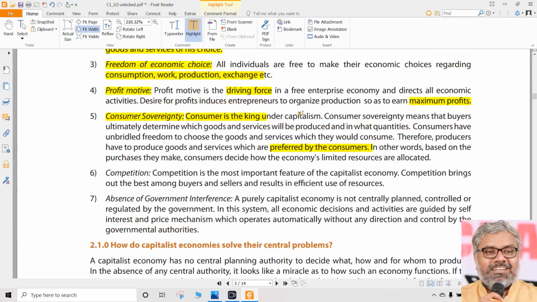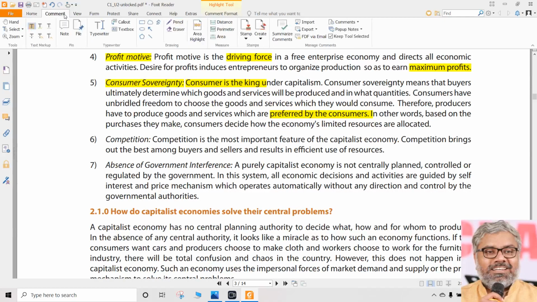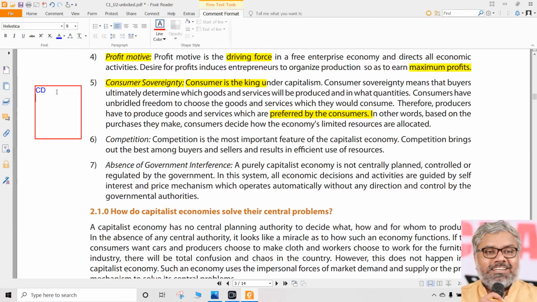Just for understanding purposes, let us say there is a particular organization which was earlier manufacturing DVDs or CDs. These were some type of organizations which were manufacturing DVDs or CDs. So these organizations, when they have manufactured a DVD or a CD earlier, now consumers are not asking them.